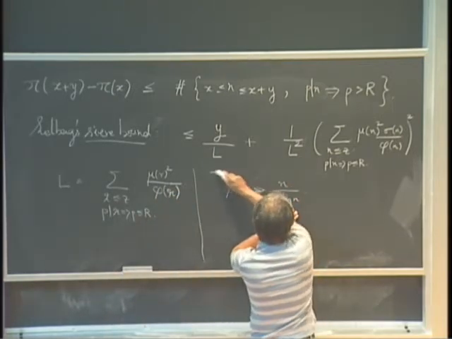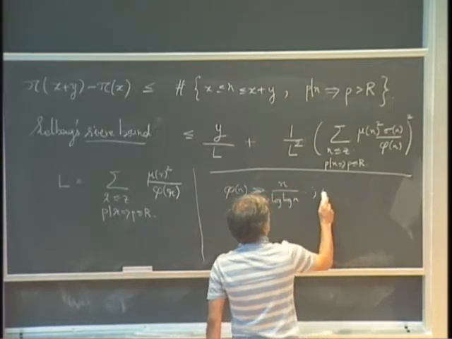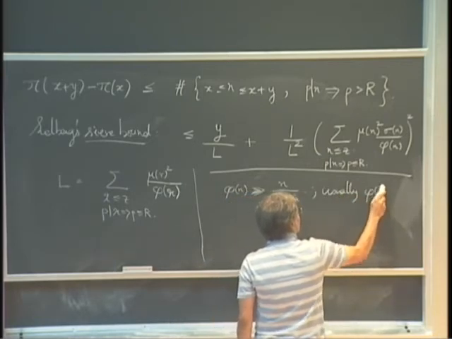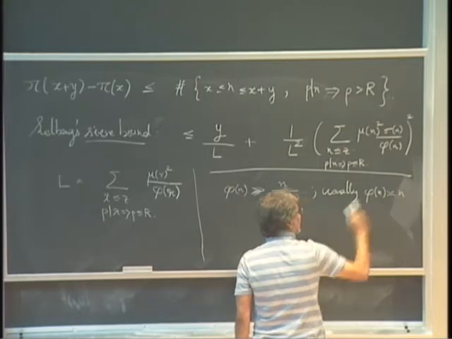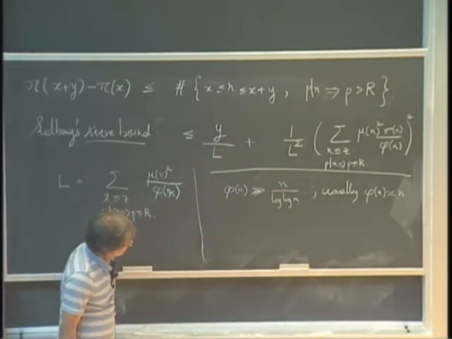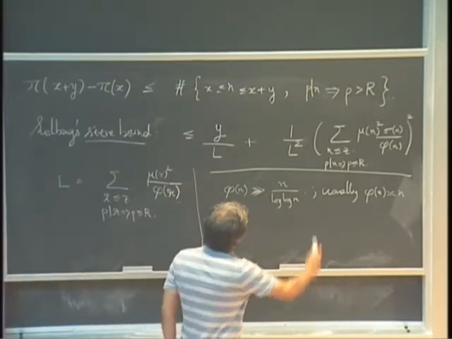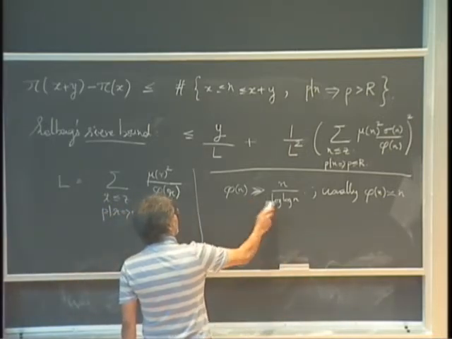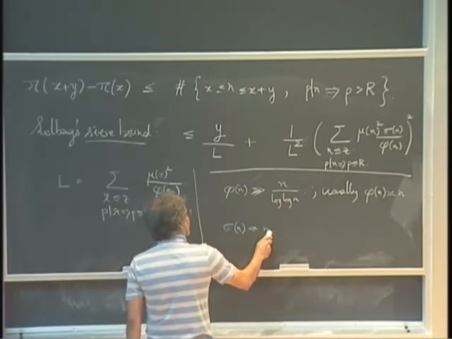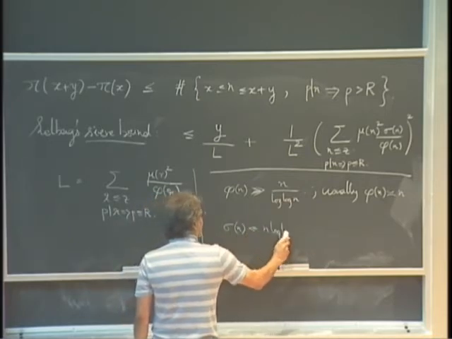But usually phi of n is on the scale of n. Okay? And in the same way, however you prove this, you can also prove that sigma of n is no more than n times log n.